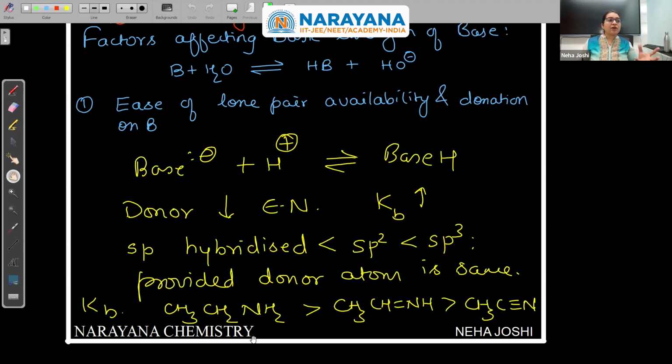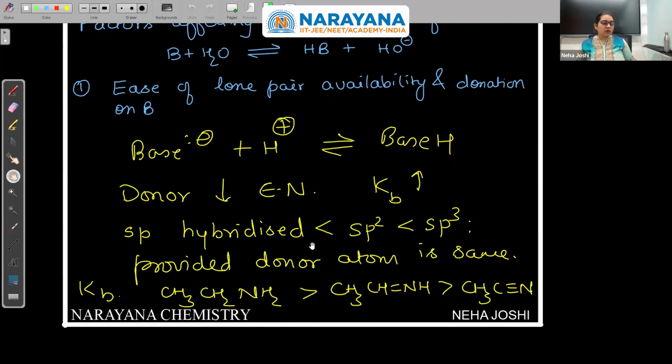There we talk of high electron density on fluorine, high electron density on nitrogen, and thereby they are acting as a better base. That is the concept we use there. So that is why I'm not generalizing it as a rule. But yes, for organic compounds, when the donor atom is the same, then this hybridization thing is valid.